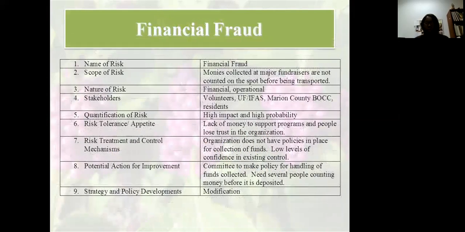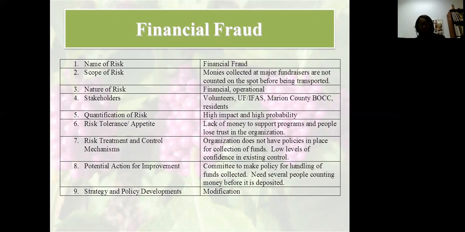I already went through reputation and financial. The only thing I would say on financial is that our level of control when it came to counting money was in need of improvement. Even though we had confidence in our treasurer, whenever we collected money, the treasurer would take the money, count it up, and take it to the bank.